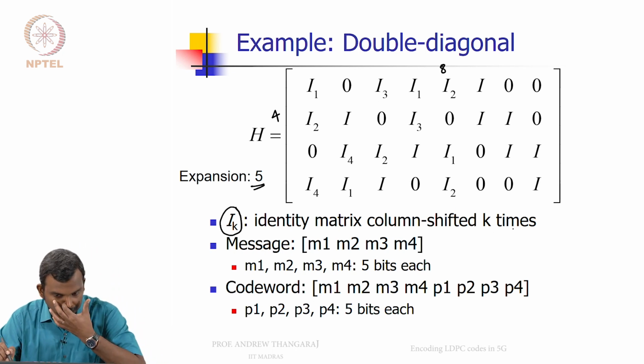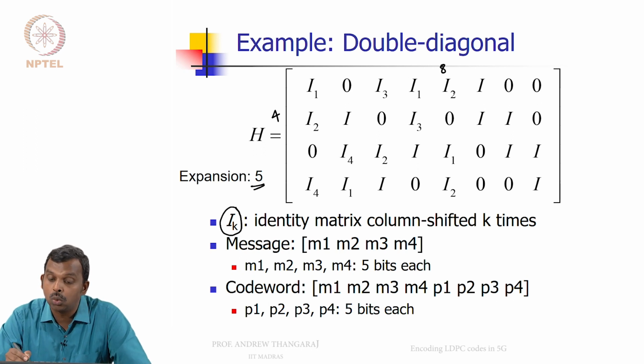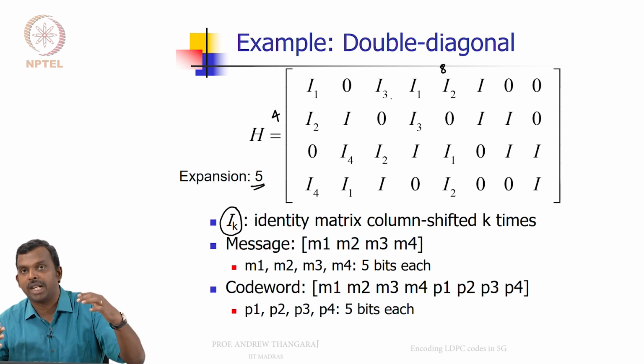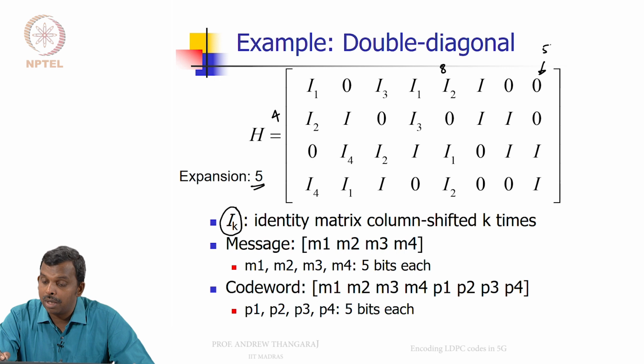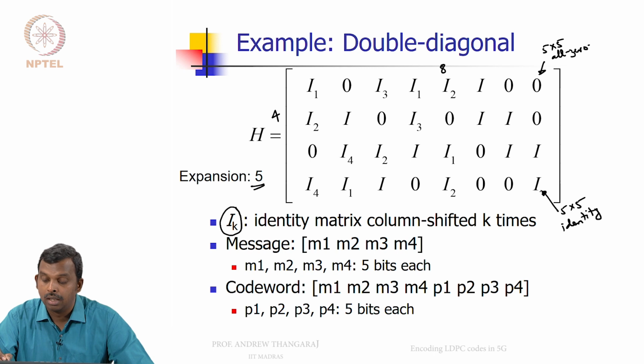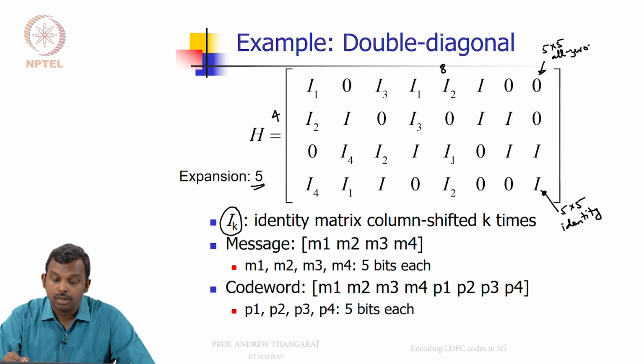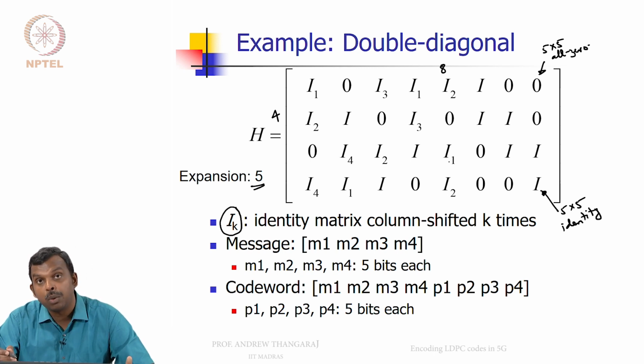So instead of using entries like 1, 2, 3, I'm using I1, I2, I3 just to show it's the 5 by 5 identity matrix shifted like that. And the 0 represents the 5 by 5 all 0 matrix. So I will be the 5 by 5 identity. I1 will be 5 by 5 shifted right by 1 position. I2 will be 5 by 5 shifted right by 2 positions, and so on.